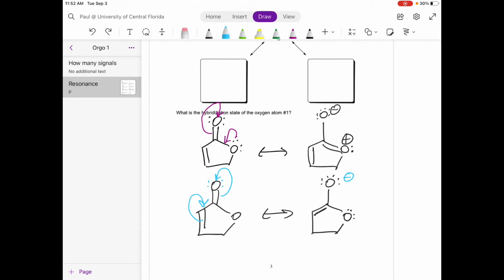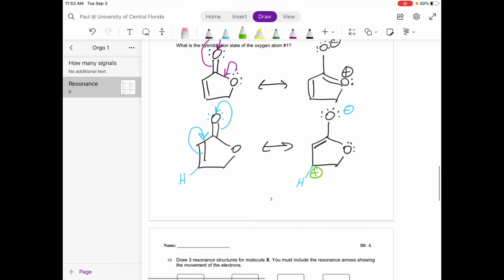How many hydrogens was on this carbon right there? It had one. So it still has just one hydrogen because atoms don't move in resonance structures. So how many groups does that carbon have? It has 1, 2, 3 electron groups. It has 3 bonds. So that makes that carbon a +1 when you calculate its formal charge.